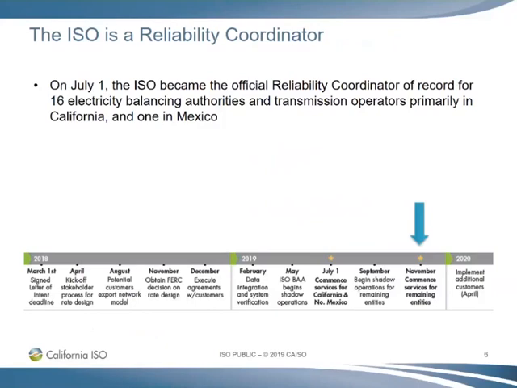In preparation for its November launch, RC West commenced shadow operations on September 4th, 2019 for the other 23 entities in the Western Interconnection. The ISO is on track to receive certification from NERC for the November expansion.